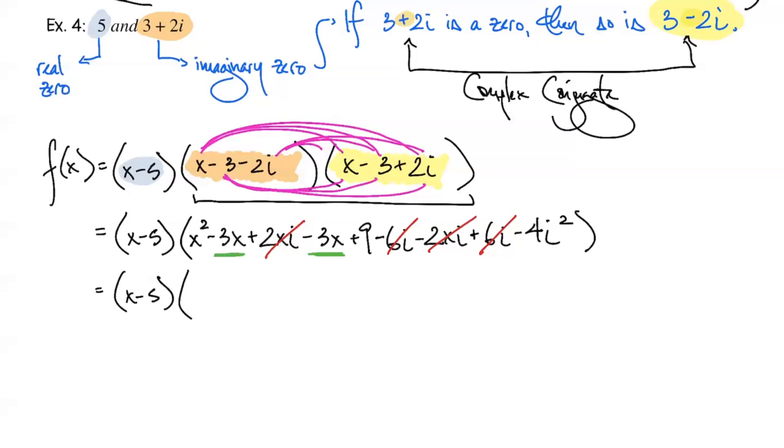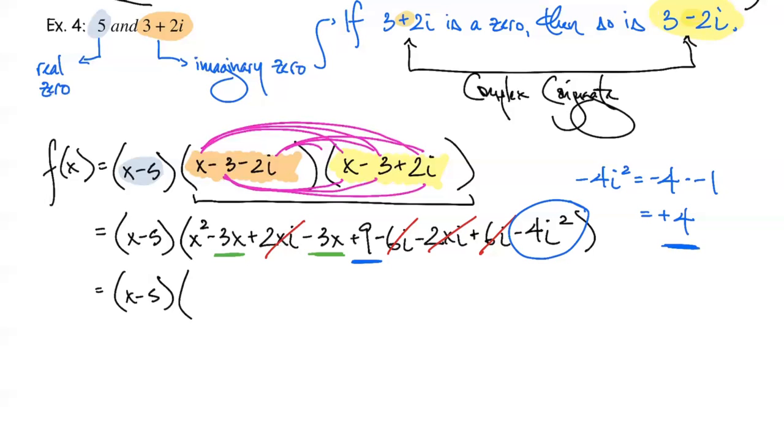So really, negative 4i squared equals negative 4 times negative 1, which is the same as positive 4. That means that I can combine this positive 4 with this positive 9, secret like terms. All right.